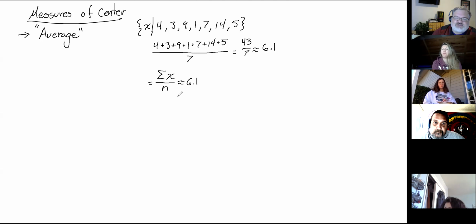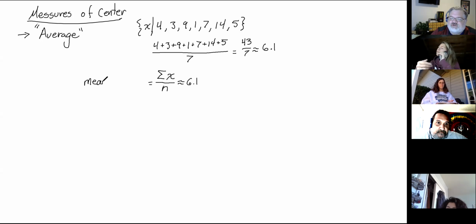Now, this average is actually only one of a number of different types of average. Anybody know or remember what this type of average is formally called? Mean. Perfect. This is called the mean average. The symbol that we will often use for it is X bar, X with a little bar on top of it.